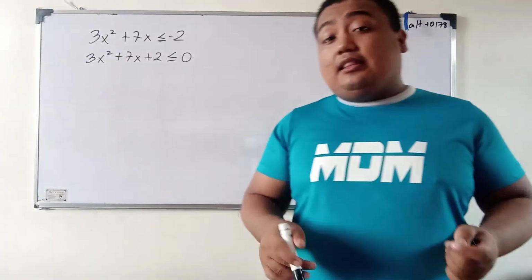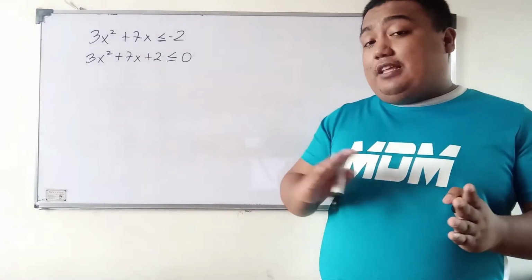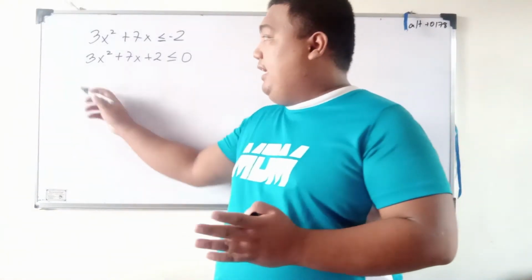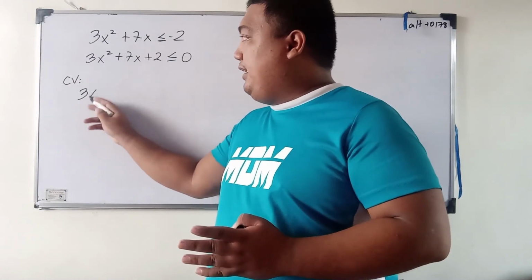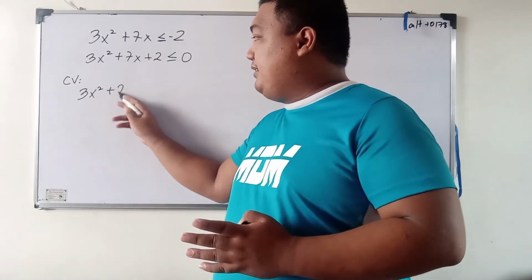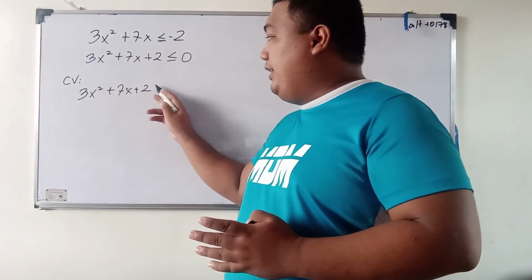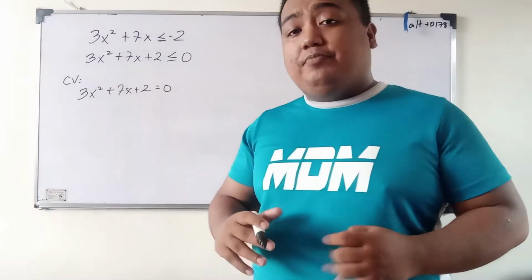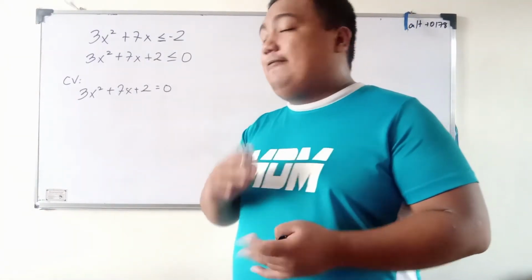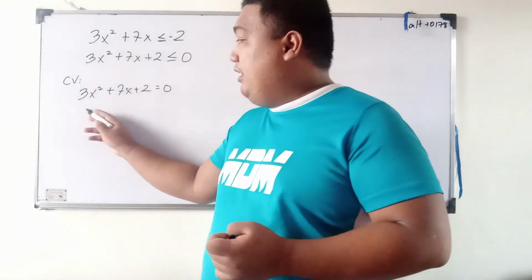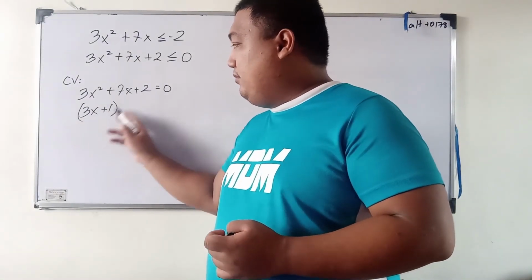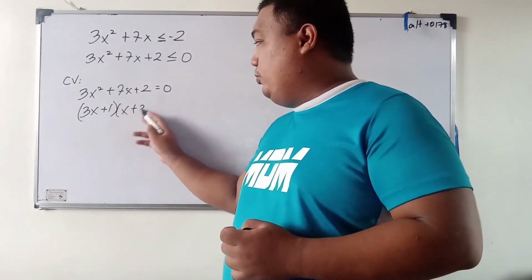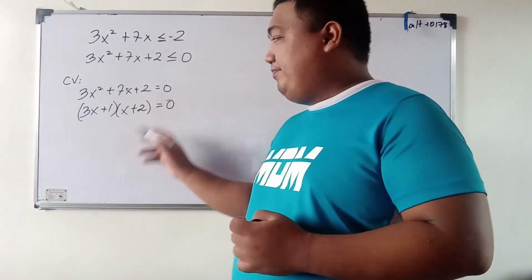And after that, get the critical values of this equation or this inequality. So, critical values, 3x squared plus 7x plus 2 is equal to 0. So, by factoring, we can figure out this equation. So, that is 3x plus 1, then x plus 2 is equal to 0.